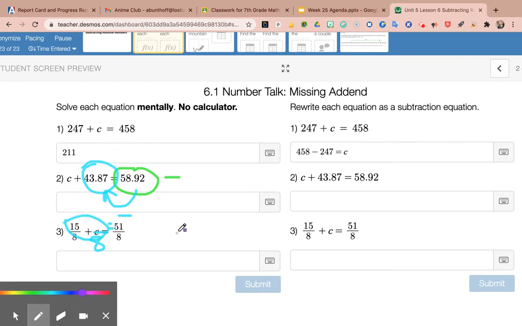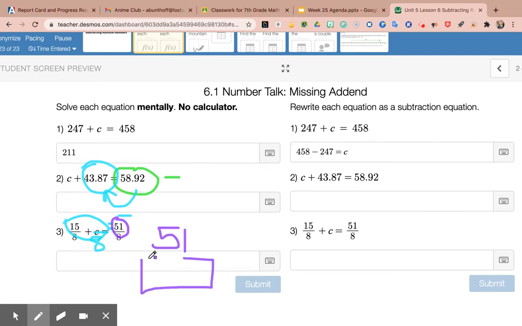And in class, we talked about how I can take 51 and subtract the 15. So if 15 plus something equals 51, I can subtract the 15 to get the remaining C. So 51 minus 15, and I know it's going to be over 8.